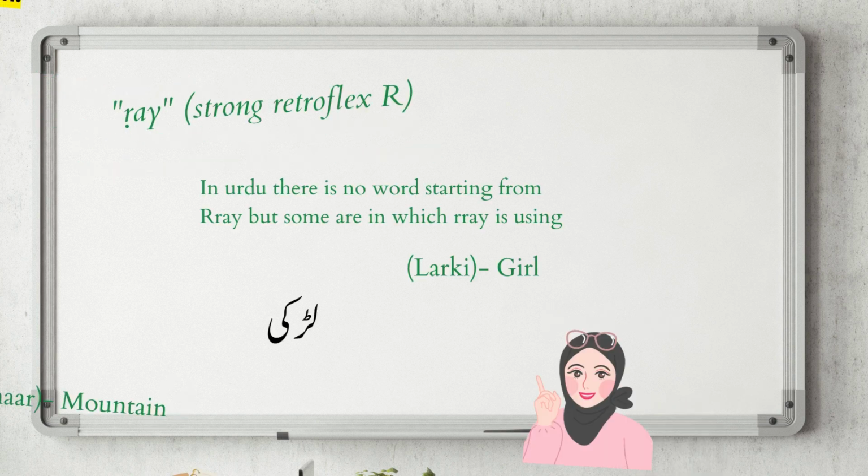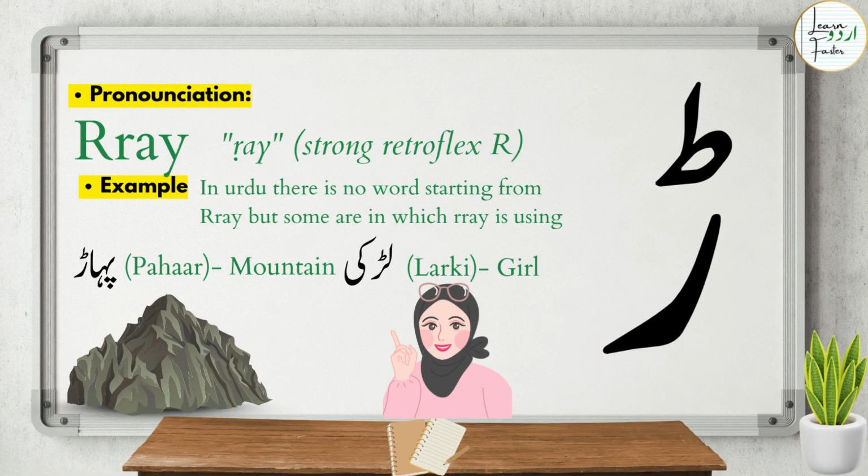Following Re, the next alphabet is Re. It's a strong retroflex R. And over it is the same sign of Tika for the retroflex sound. Well, you don't need to worry if it looks difficult to pronounce. It's all fine. Even some native speakers still struggle with that.